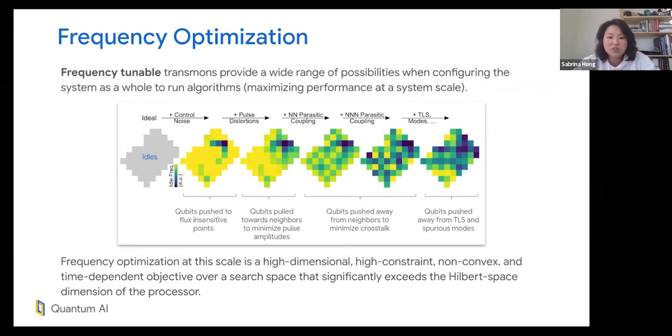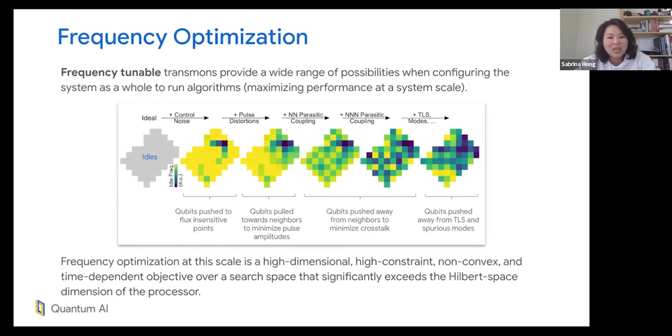So in this particular figure, bear with me for a second, on the far left, let's say I have a grid of qubits where each square is a single qubit and the color map is its frequency. Let's say we start with everything at the same frequency. Now we're going to control for noise, for example. We want these things to be at a point where they are insensitive to, for example, flux noise. That changes what that map looks like.